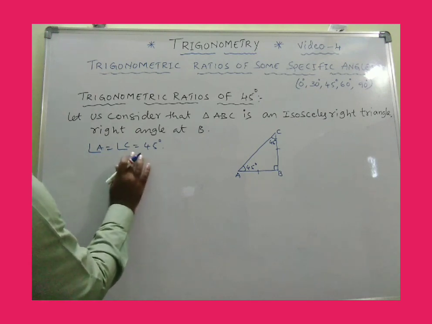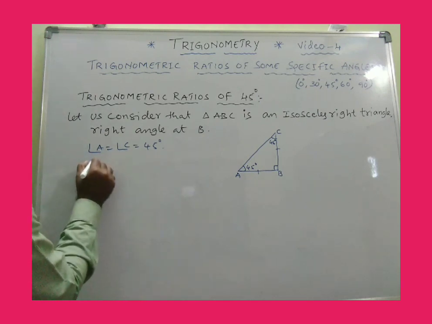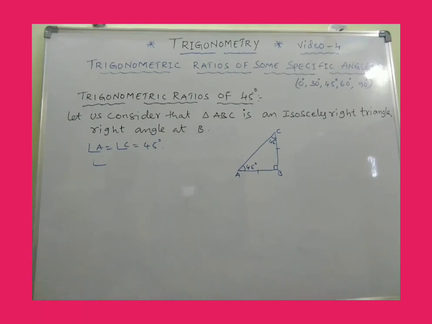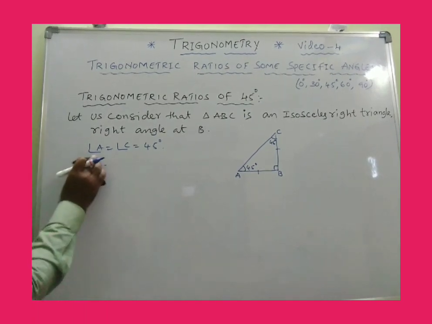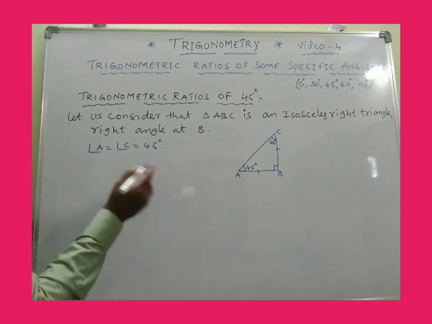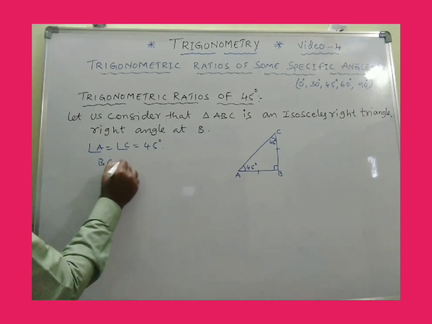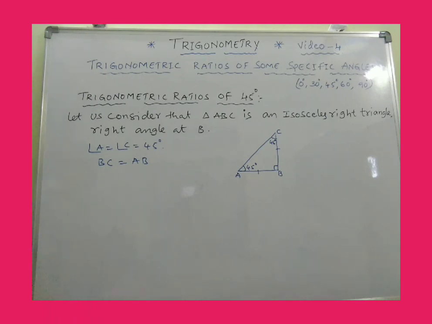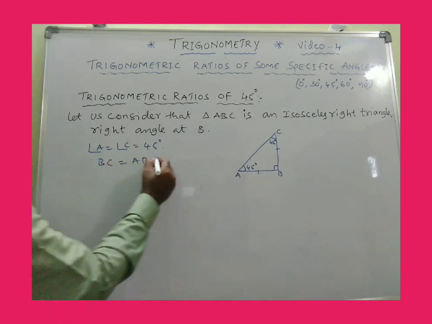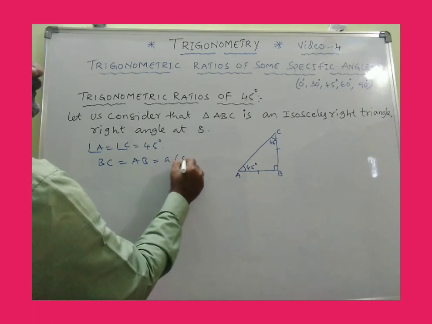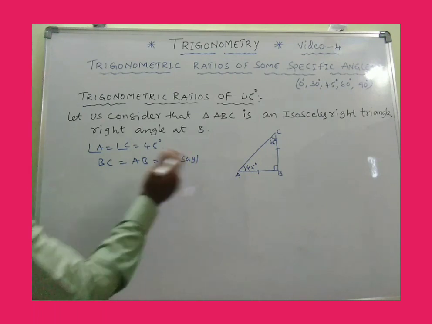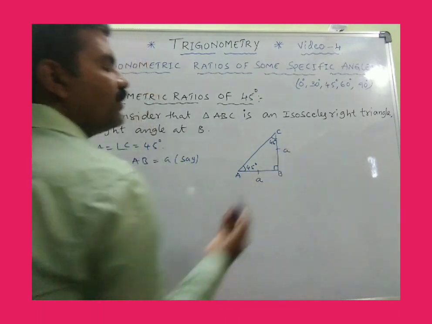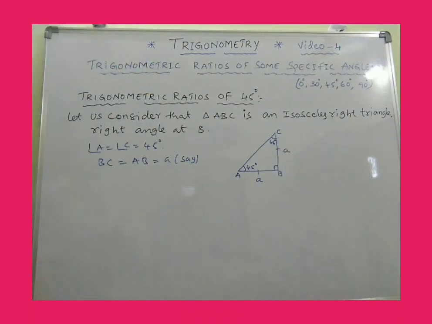Because these two angles are equal, the sides opposite to these angles, that is BC is equal to AB. Both are equal, isn't it? So let this side be say a. Let this side be say a. That means if it is small a, then this is also small a, because two sides are equal.